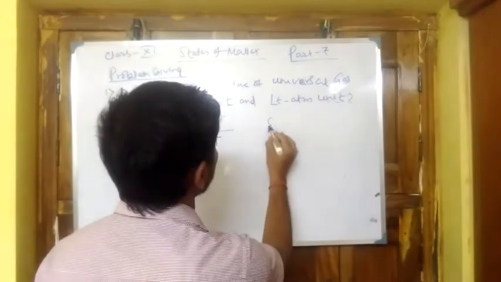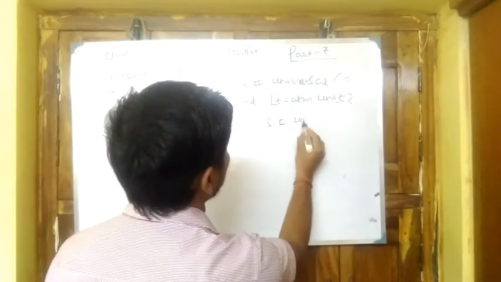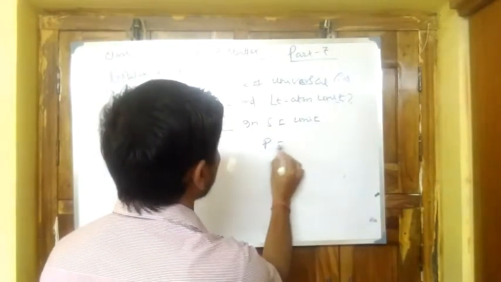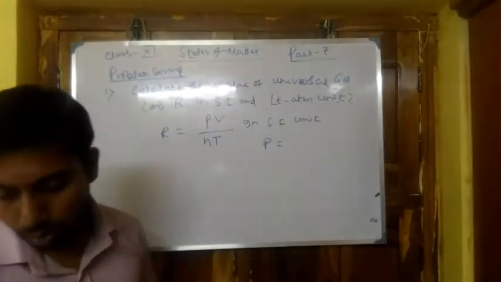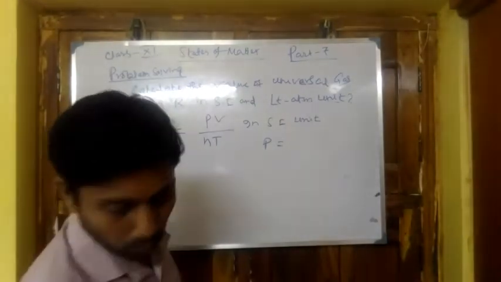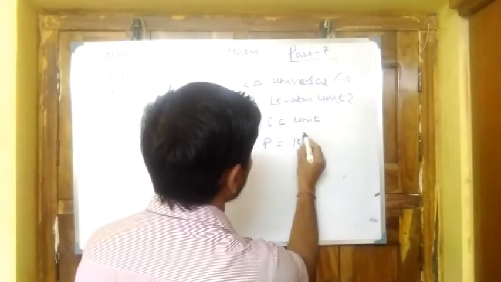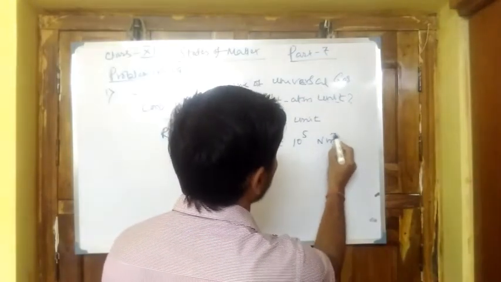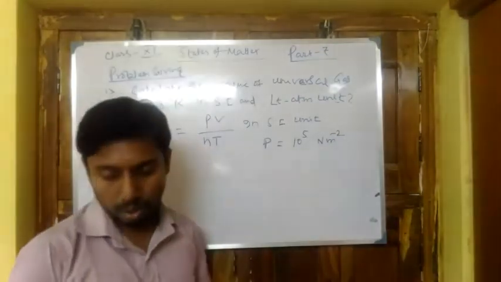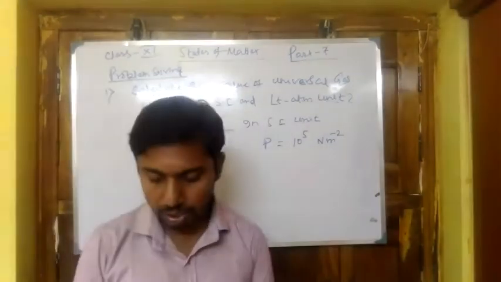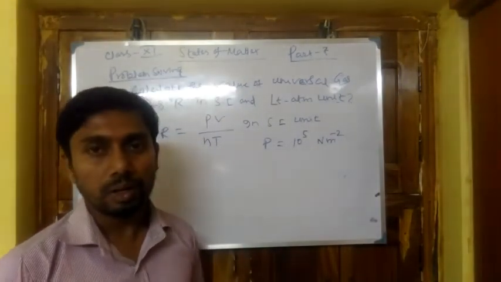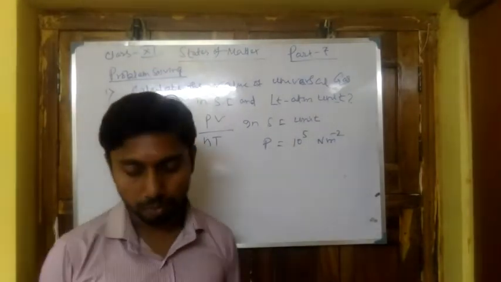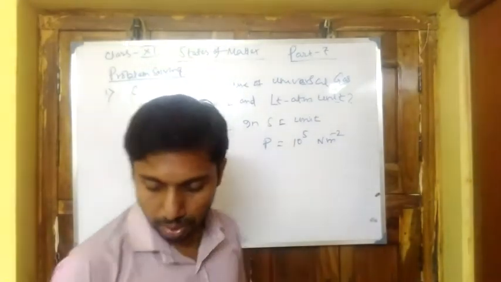Now in SI unit, P has the value of 1 × 10 to the power 5 Newton meter to the power minus 2. Specifically it is equal to 101325. It is the general value, but we take the value of 10 to the power 5 Pa.